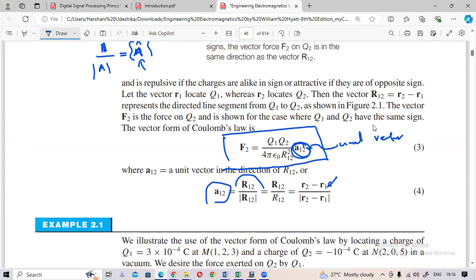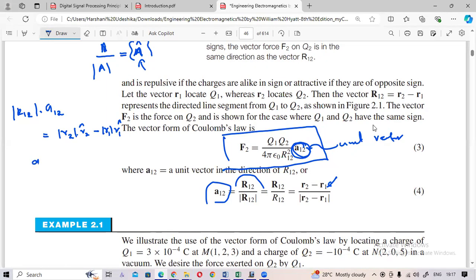So R12 magnitude into A12 is equal to R2 magnitude, this direction. This R2 direction are the unit vector. Let's say that R2 hat minus R1 hat. Okay, so like this.